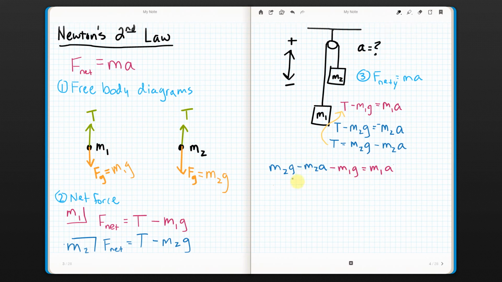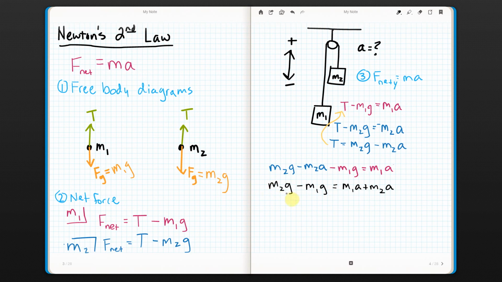So I want A, so I'm going to get all the A's together on one side, and that'll leave stuff that doesn't have A alone on the other side. Leaving this one alone, M2G, that one I'm going to move over to the other side, so I'm left with minus M1G on the left equals, I had an M1A on the right, and I just added M2A from the other side, like that. I'm going to factor out what's in common on these two things.